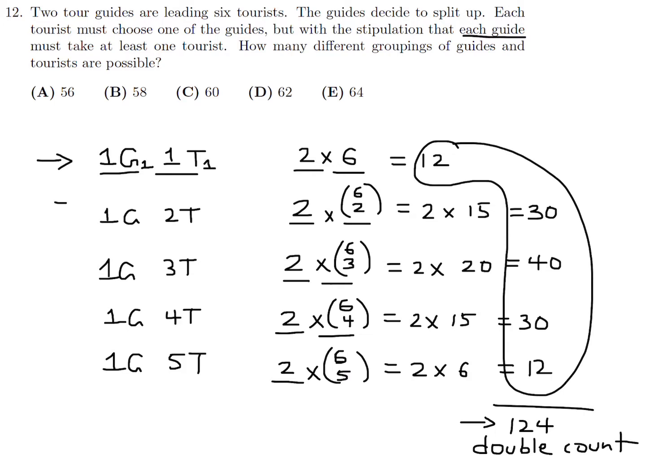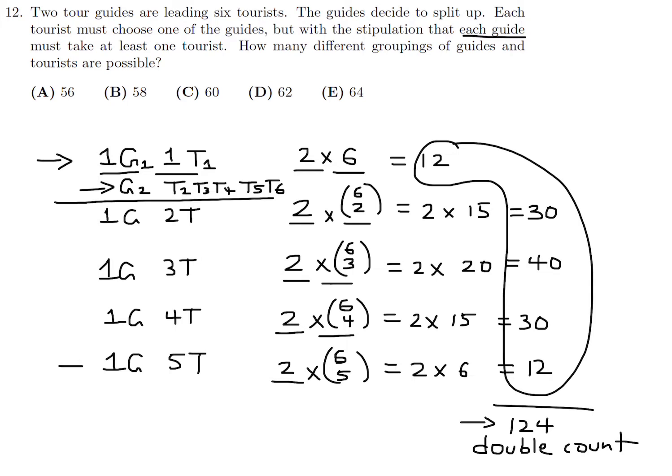That means the other matching scenario would be guide 2 with the other 5 tourists, tourists 2, 3, 4, 5, and 6, correct? But that scenario is already included down here. It would be one of these. So for each of these, we have basically double counted.